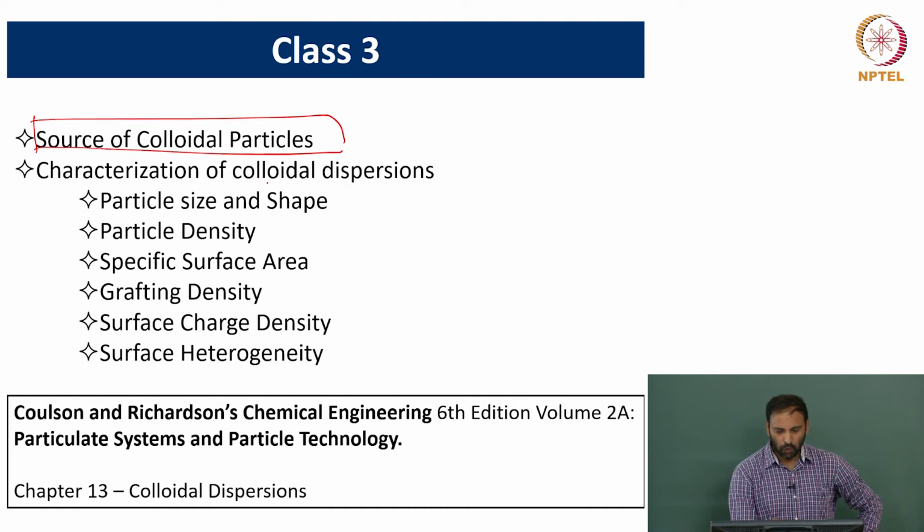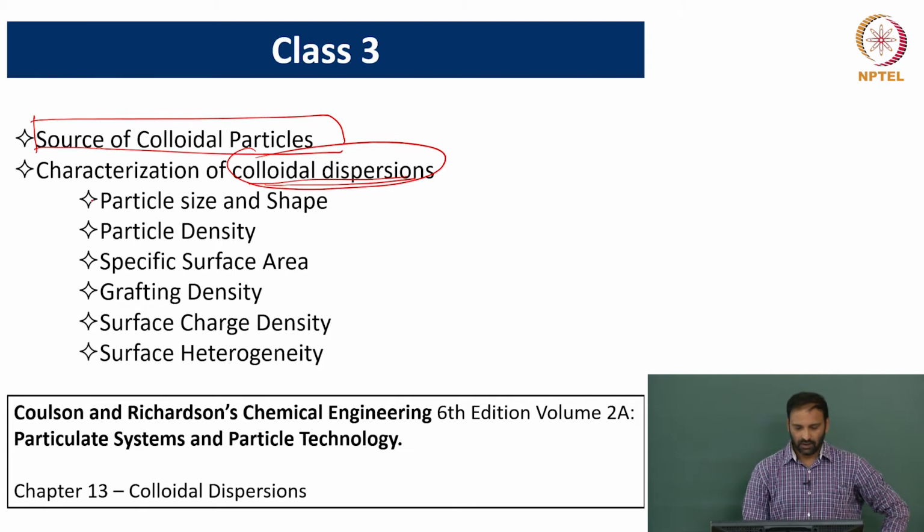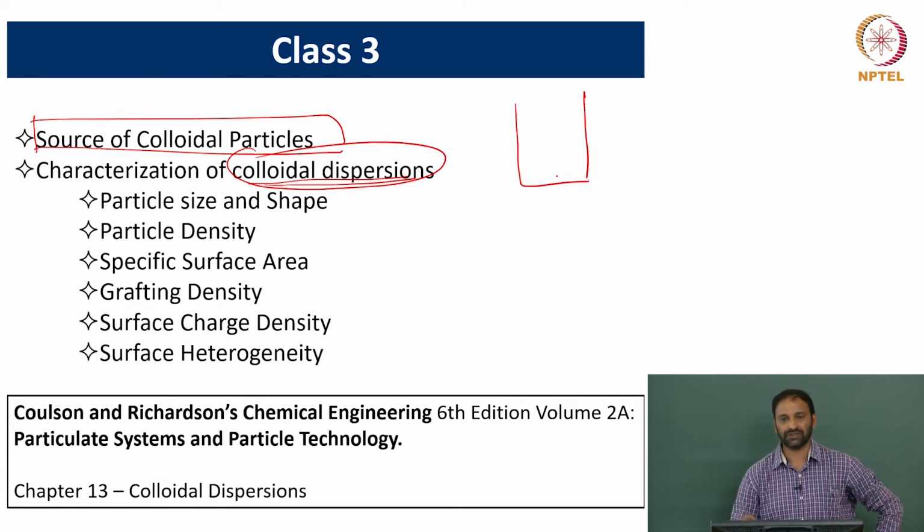Following that, we will move on to defining or characterizing colloidal dispersion. The moment I have a colloidal dispersion, that is a dispersion of these particles in a fluid, I may have to worry about several different physical, chemical or physicochemical properties of both the particles as well as the dispersion.